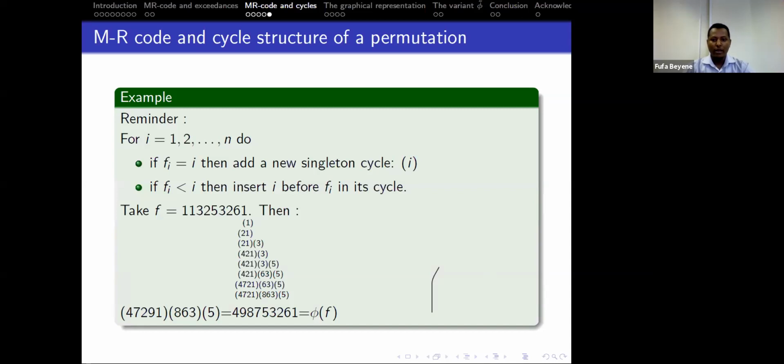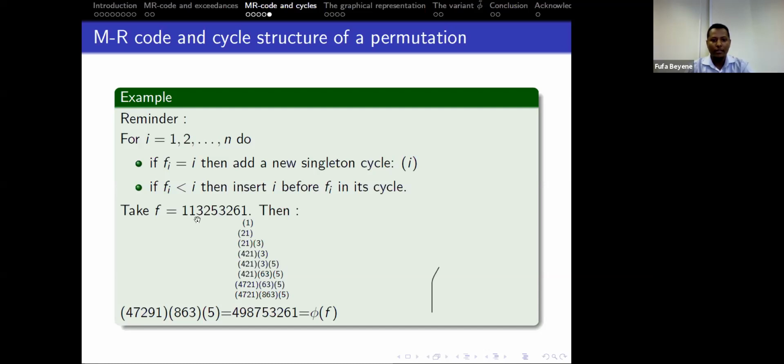In the following example, we see how the above proposition works. For i from 1 to n, we have these two procedures, as I mentioned earlier. So take f, for example, this one. Now we start with f1, which is equal to 1. So we form a singleton cycle consisting of only 1. f2 is 1, so we look at the cycle where 1 is and add 2 before 1.